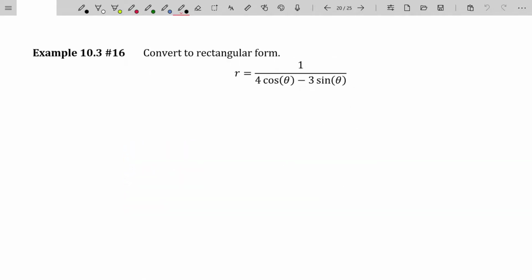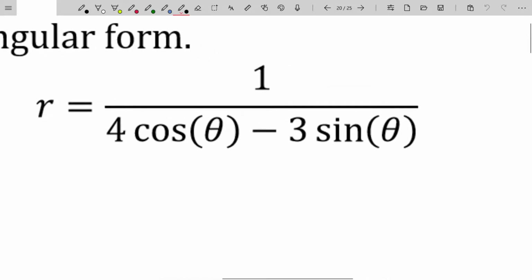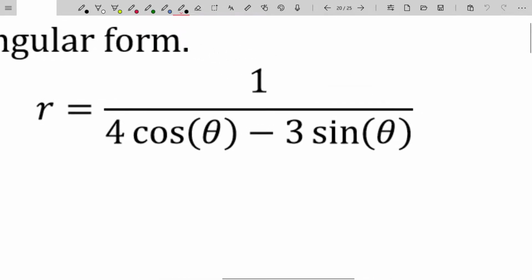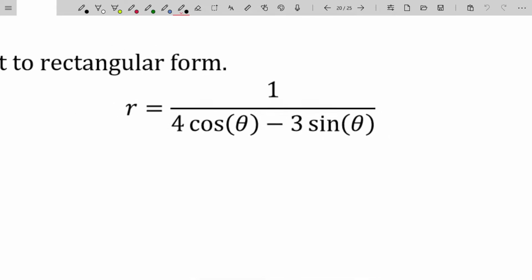Yet another example. Again, this one is not the easiest to see what to do with. When I see something like this, I immediately think I need r's in front of those sines and cosines. So what I would do in this case is grab this side and the other side, and multiply both sides by 1 over r.